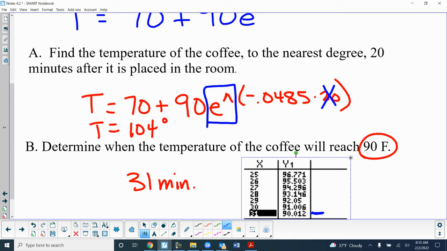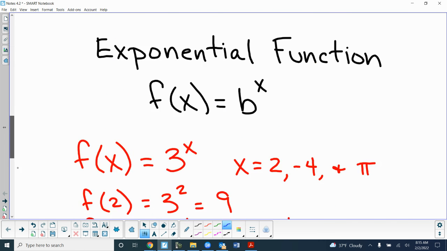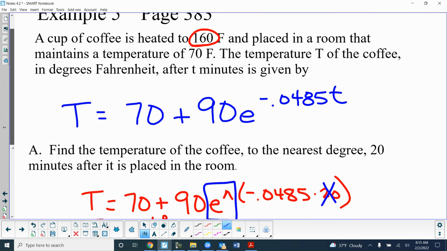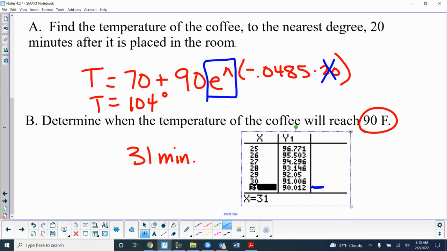Okay? And that's basically it today. You're just plugging in using your calculator. All right? You're going to have problems like this, where you're just plugging in, use your calculator, and you'll have a couple word problems today that are similar. All right? So it's really not a very tough day.